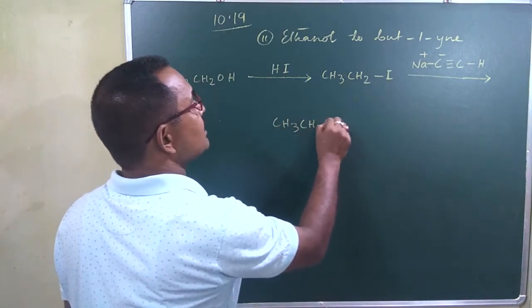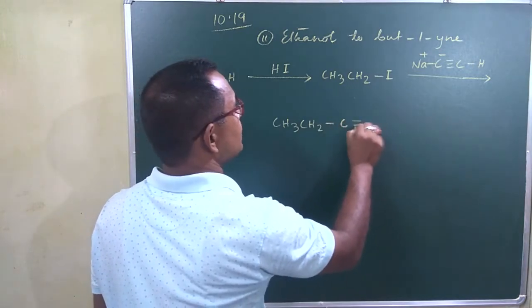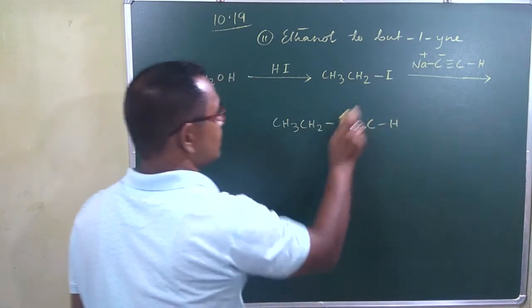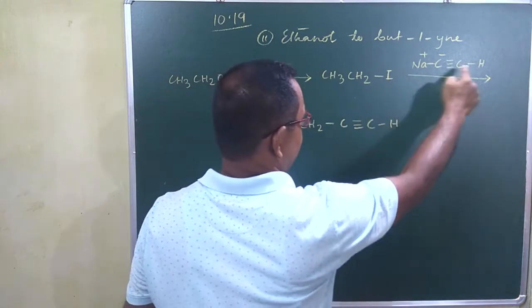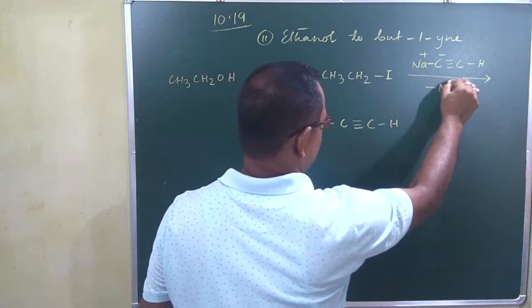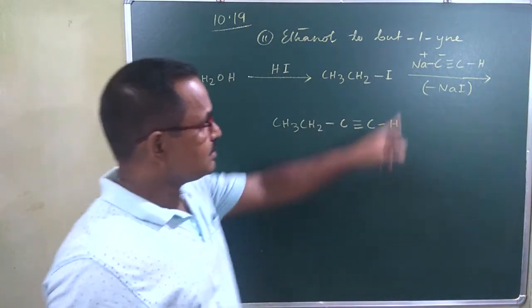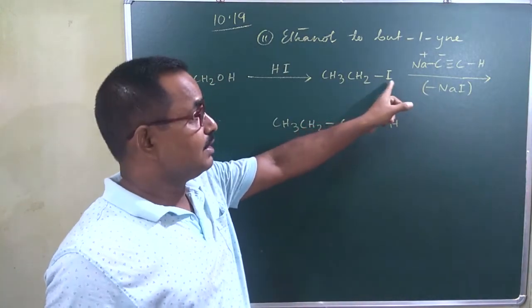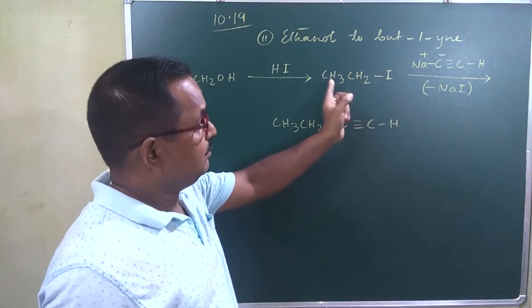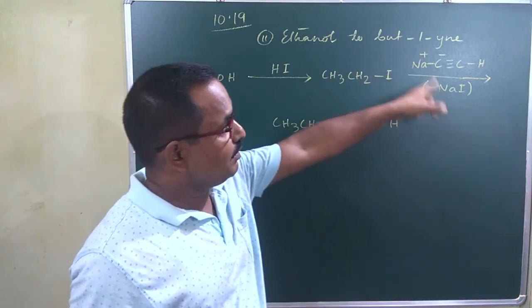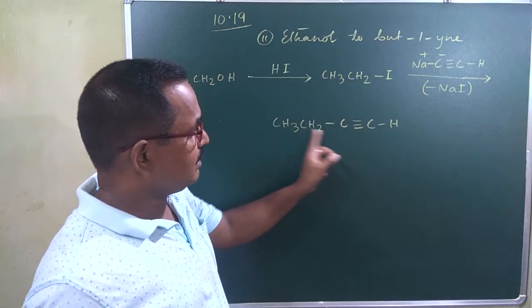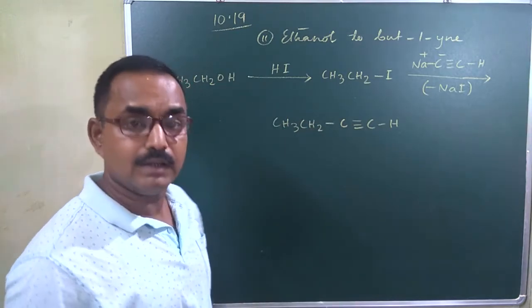CH3 CH2 C triple bond CH. NaI will be lost in this step. Sodium iodide will be lost. This reaction is discussed in your alkyl halide chapter. As a result, you will get this compound, but-1-yne.